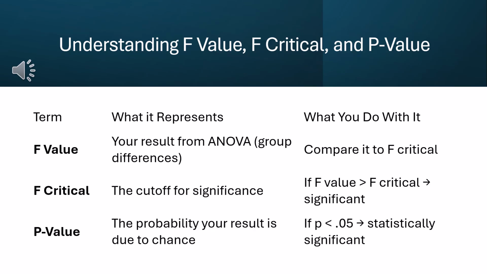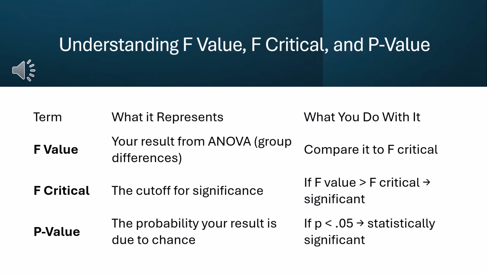Okay, so the results, hypothetically, would be: the F value would be 4.75. The F critical value from a table based on degrees of freedom would be 3.32, and our P value, let's say, would be 0.02. The F value of 4.75 tells you that the variation between the group averages is 4.75 times greater than the variation within the groups.